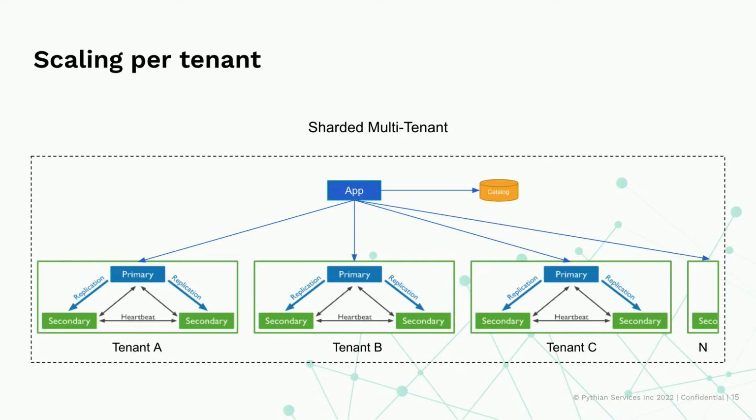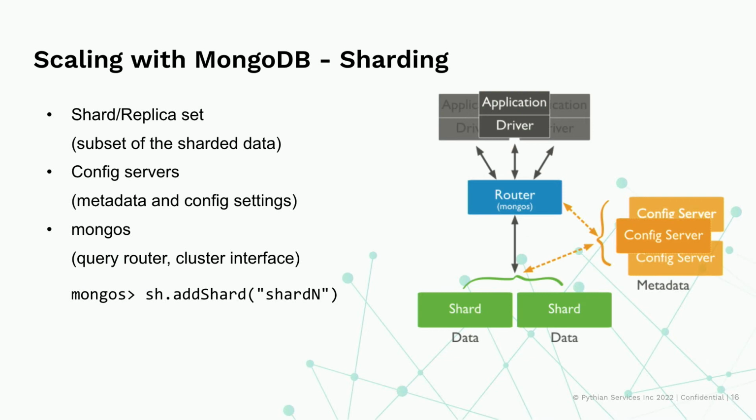But sometimes even a single tenant, let's say tenant A, will scale and grow, so that it doesn't just fit into a single replica set, and you will need to shard that particular tenant. So in MongoDB, there is the sharding method, sharded clusters, which consist of shards where a subset of your data is partitioned.